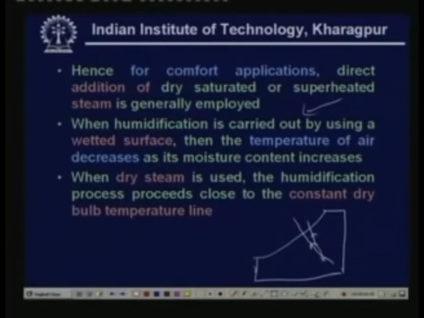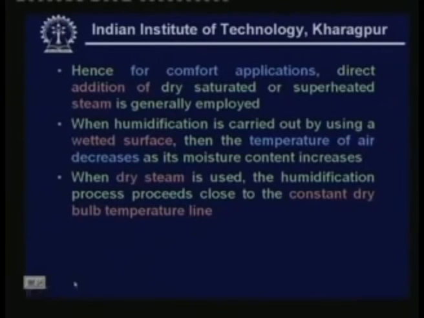So the outlet temperature will be lower than the inlet temperature. Whereas if you are using steam, you find that the humidification process follows close to the constant dry bulb temperature line. You know that this is a dry bulb temperature line. And if the steam is superheated, the exit temperature will be slightly higher than the inlet temperature. So this is the difference between the humidification processes, which depends upon the way you are humidifying the air.